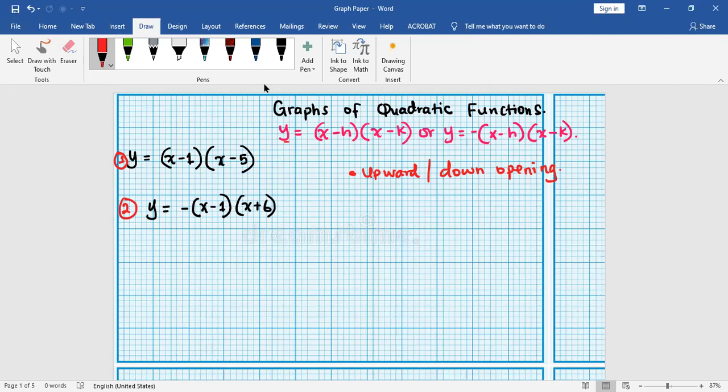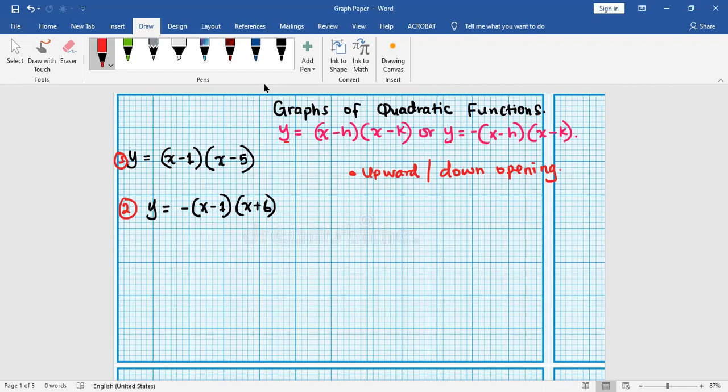When it opens upward, it will be like example number 1. But when it opens downward, it will be like number 2, when it has minus. So when it has no minus, it will open upward, but when it has minus, like number 2, it will open downward. Okay, that is number 1 thing that we looked at.